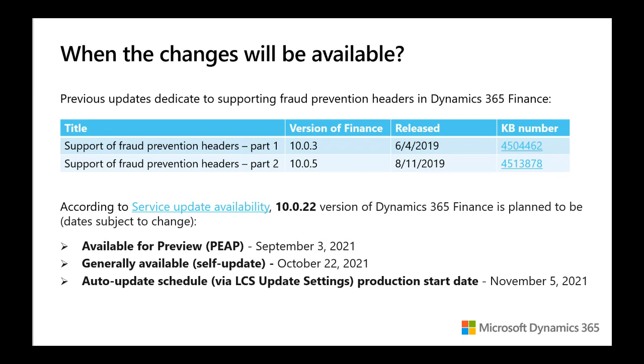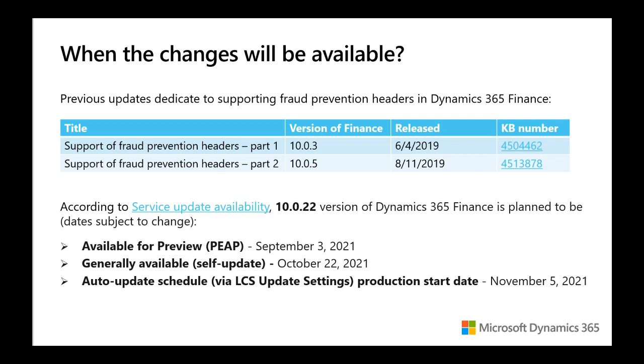Now, the current update that covers full scope of fraud prevention headers according to version 3.0 is included in version 10.022 of Finance application. You can use Service Update Availability section on docs.microsoft.com or by the link from this slide for more and actual information on dates on the monthly updates.